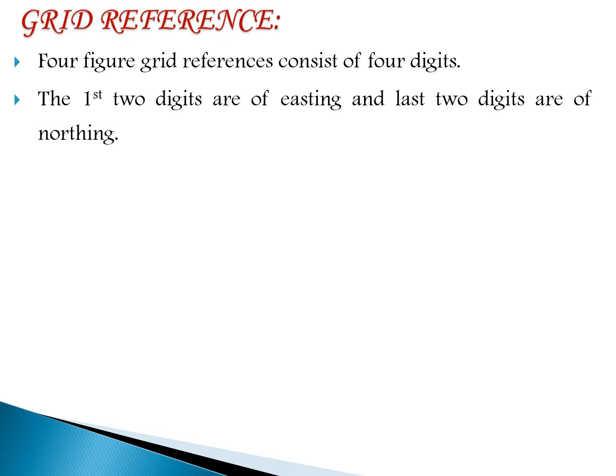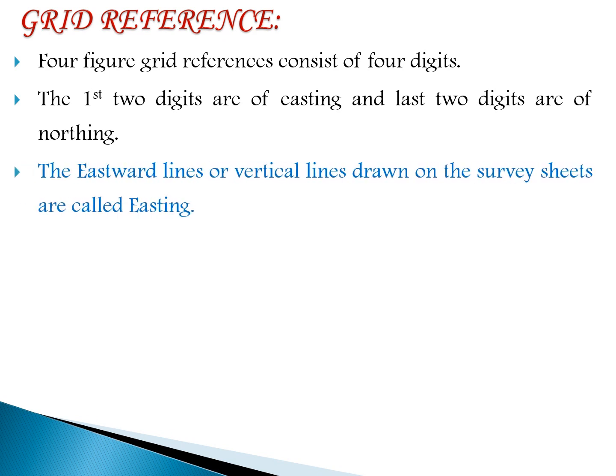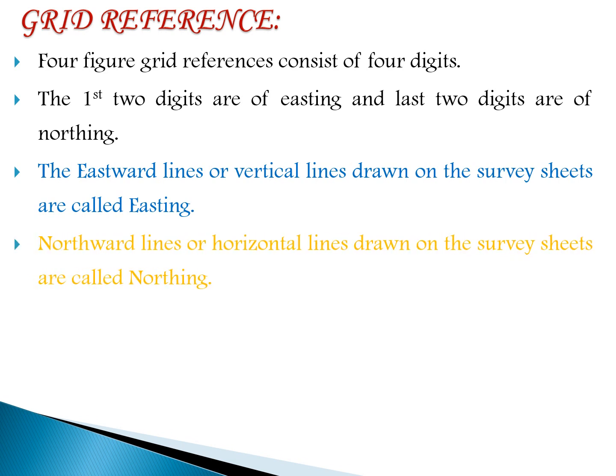So like that, the information will be given. So the eastward lines or the vertical lines which are drawn on the survey sheet are called eastings, and the northward lines or horizontal lines drawn on a survey sheet are called northings.